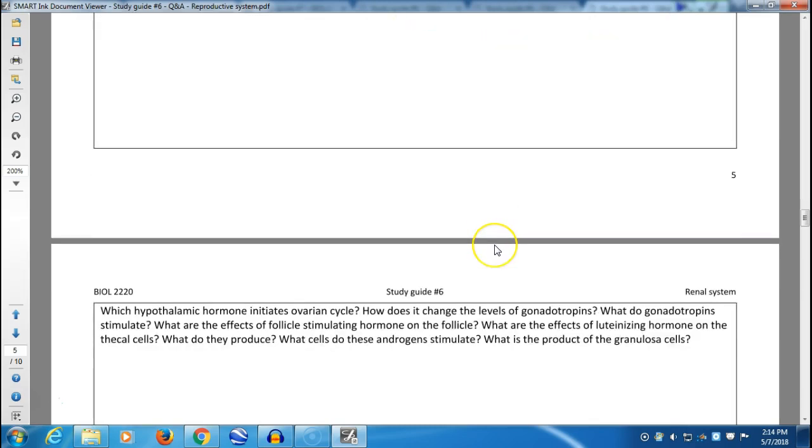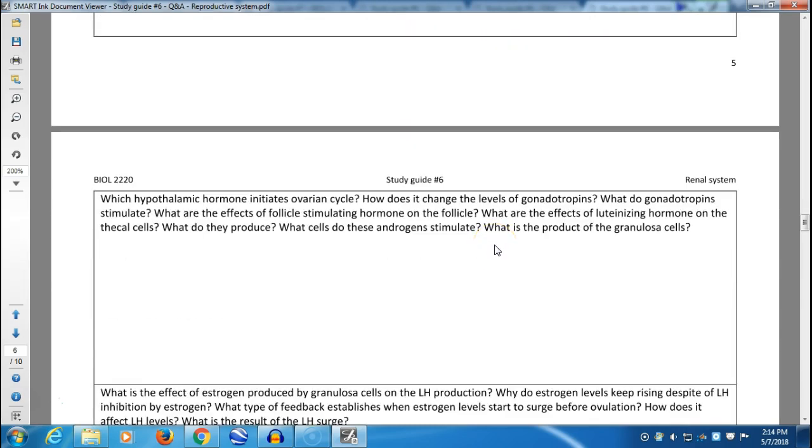When the levels of... So basically, the product of the granulosa cells is estrogens. Okay, so theca cells produce androgens, and then androgens stimulate granulosa cells to produce estrogens. I'm not asking that. I want you to conceptualize it rather than memorize all those cells.